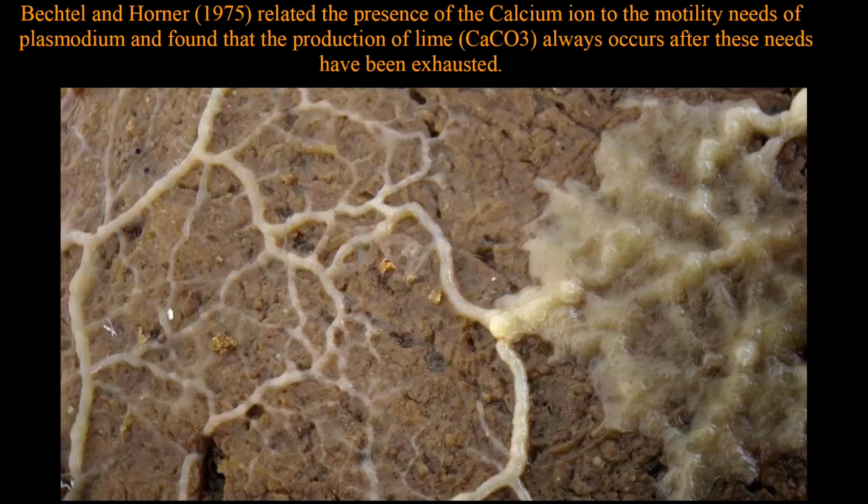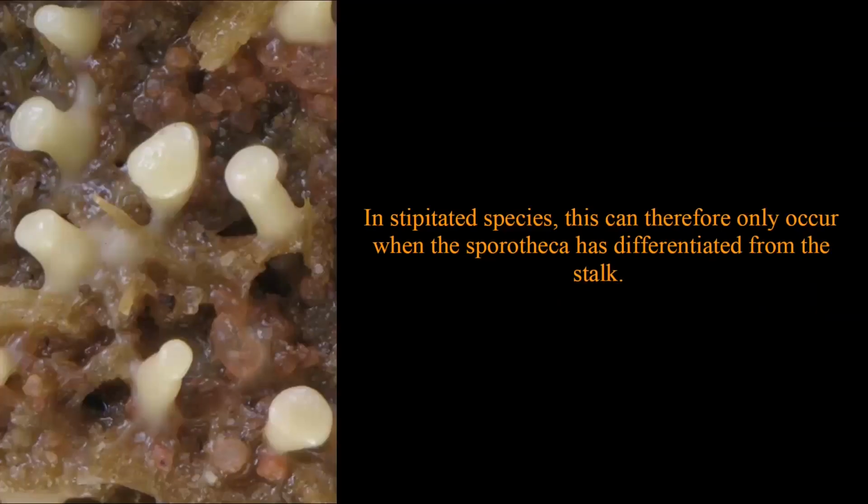Bertolone related the presence of calcium ion to the mobility needs of the plasmodium and found that the production of lime always occurs after this need has been exhausted. In stipitate species, it can therefore only occur when the sporotheca has differentiated from the stalk.